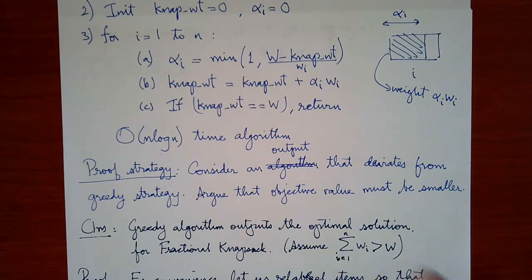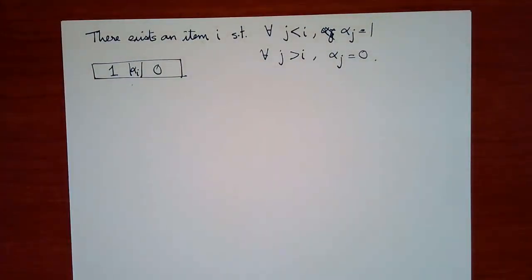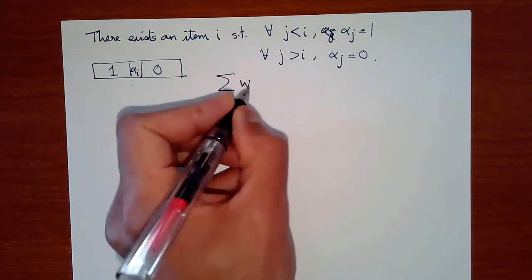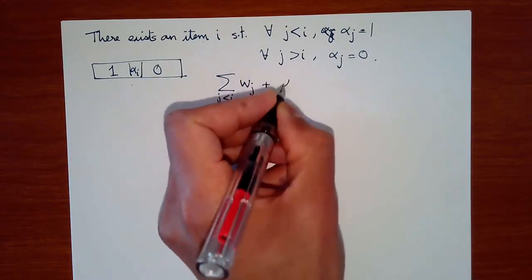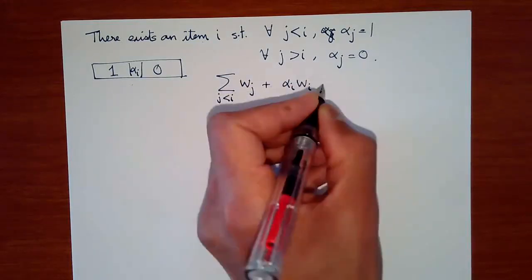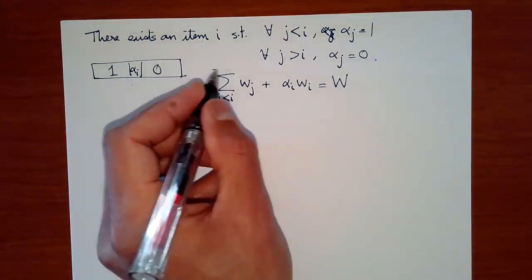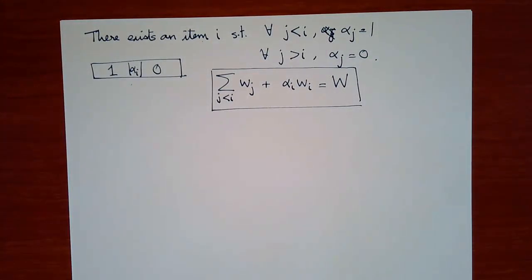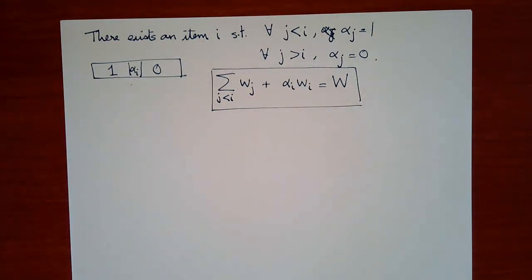So we can assume that it's going to be more than W. What this means is that the summation of Wj, j less than I, plus alpha I Wi, is equal to capital W. This is just saying that you've filled up your knapsack, because we also know that the greedy algorithm always fills up the knapsack.